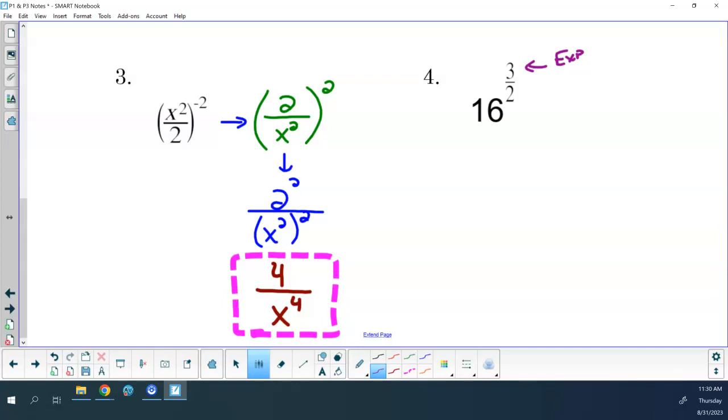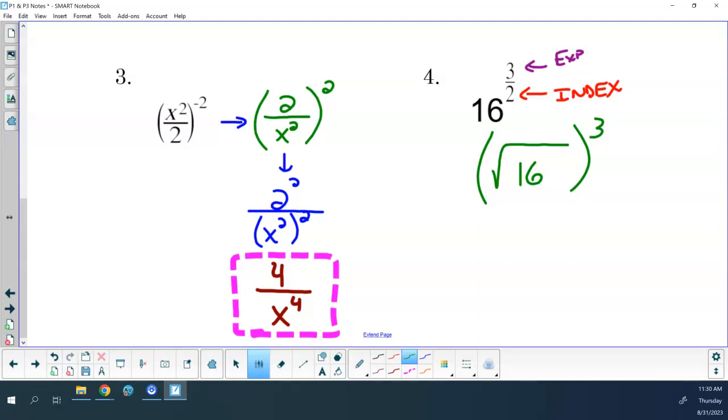This bottom number here is going to be something called the index. When you've got a fractional exponent with a number, the index is going to tell you the root that you need to take. So this could be rewritten as the square root of 16 to the 3rd power.